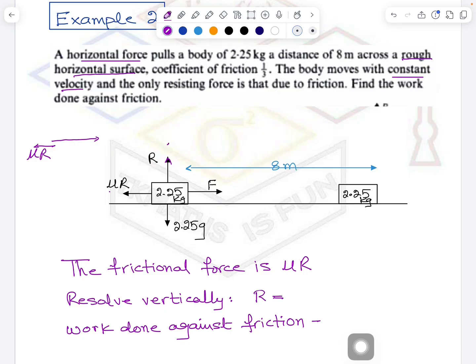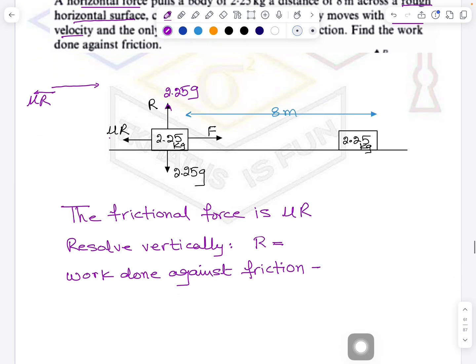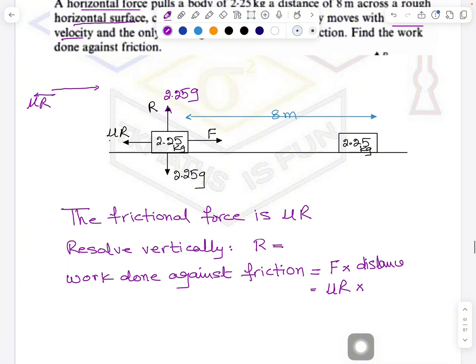And if you are taking g as 10, then it will be 22.5 Newton. Correct. So work done against friction will be what? It is force into distance moved. Now, force is equal to mu R, because the object is moving with a constant velocity, and the distance here is given in the question as 8.